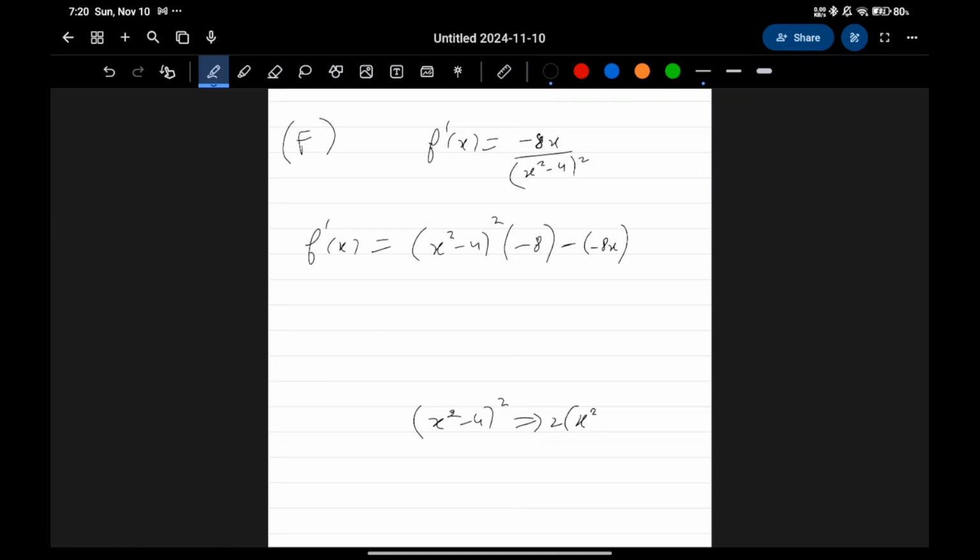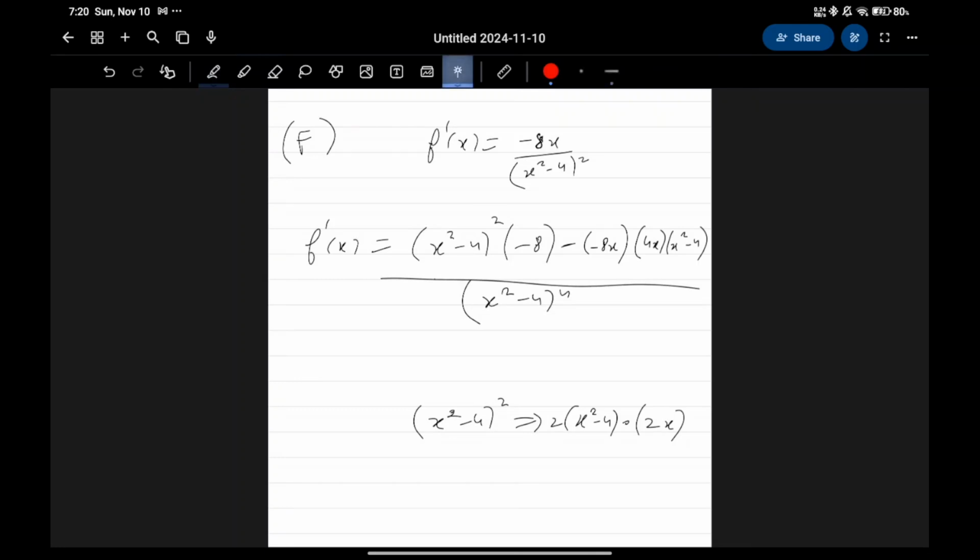Bring the power down, reduce by 1. And what's inside, x squared minus 4, has derivative 2x. So this should be 4x times (x squared minus 4). I multiply the 2 and 2, over (x squared minus 4) to the power 4. Don't even attempt to do the bottom part.